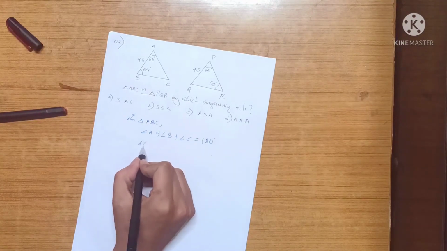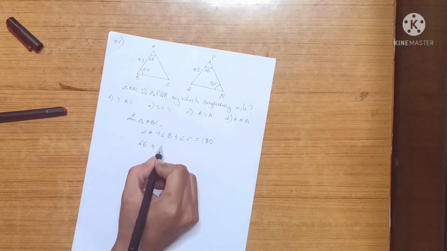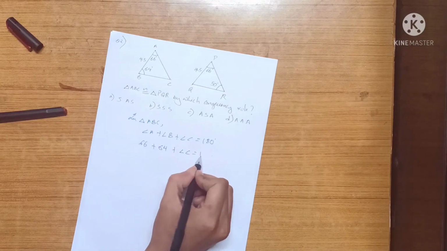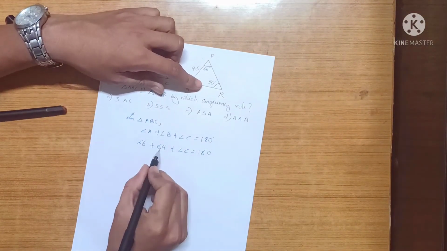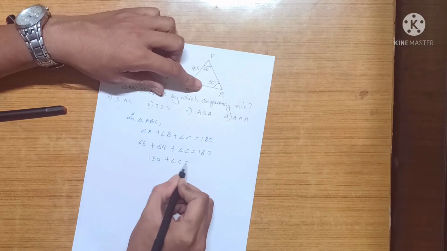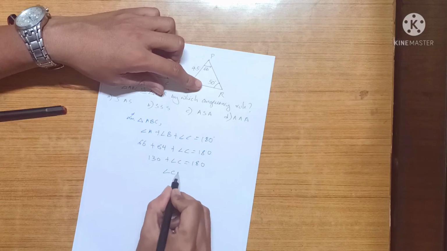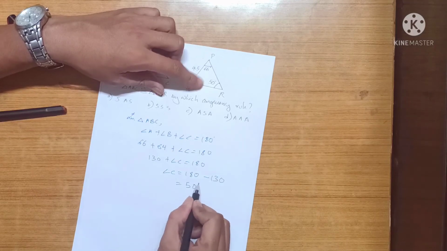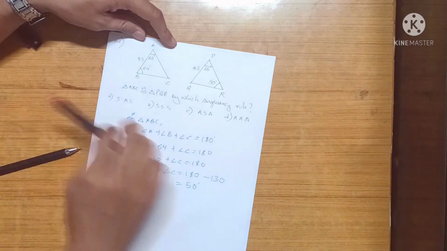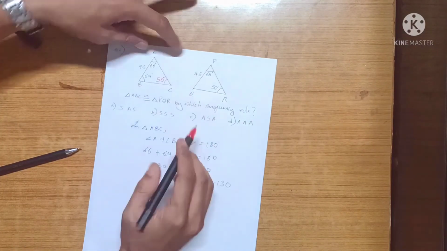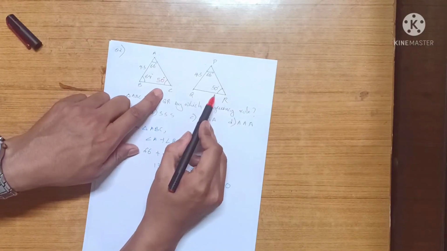Angle A is 66, angle B is 64, and angle C we don't know. So 66 plus 64 is 130. Angle C is 180 minus 130, which is 50. So we're getting this as 50, which means this and this are also the same.